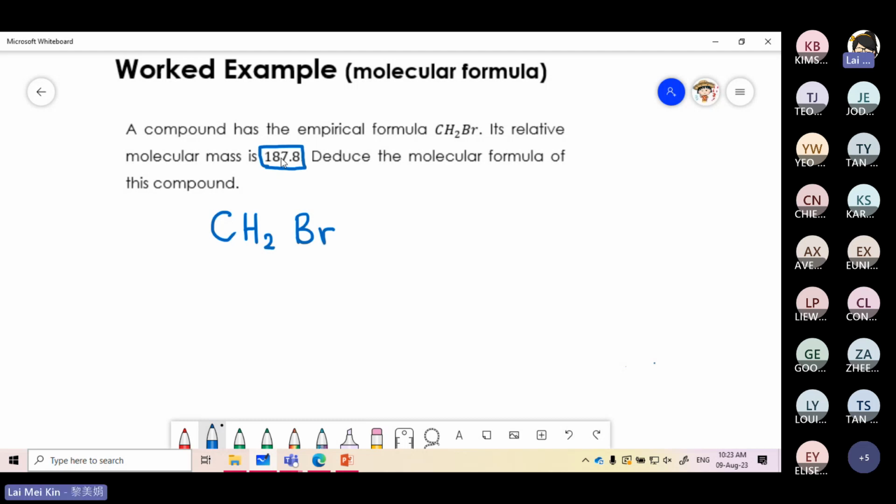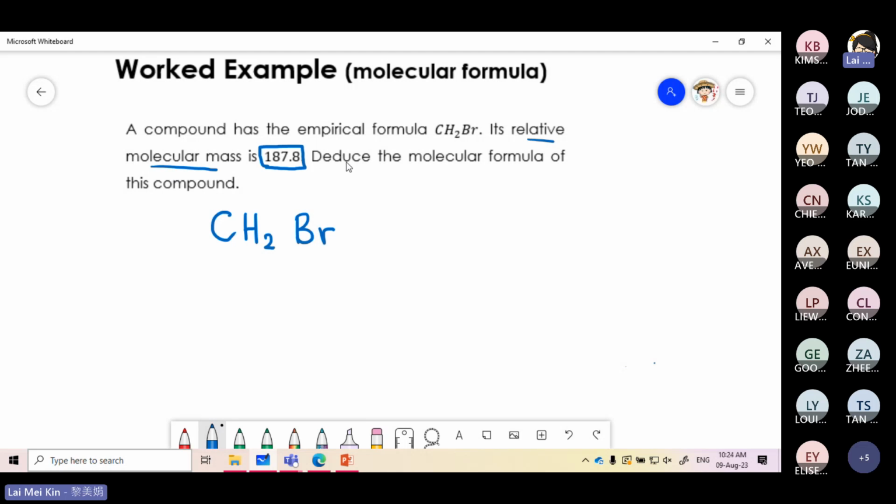What is empirical formula? Simplest ratio. What is molecular formula? The actual formula. So now I have empirical formula CH2Br, and I tell you that this compound has a relative molecular mass of 187.8.